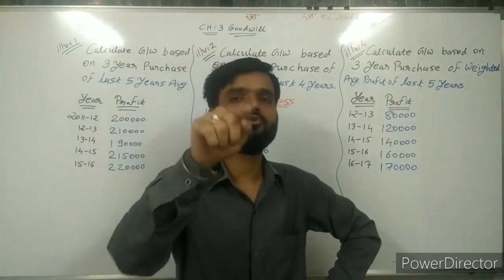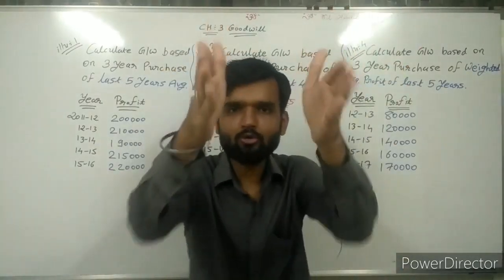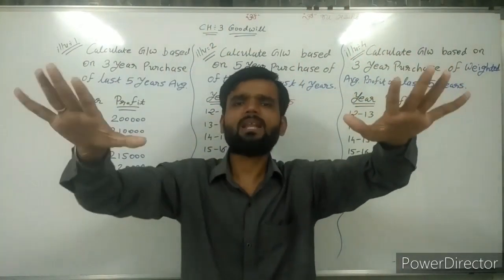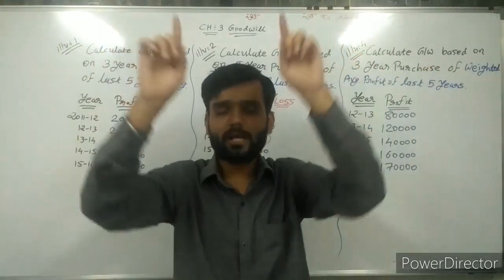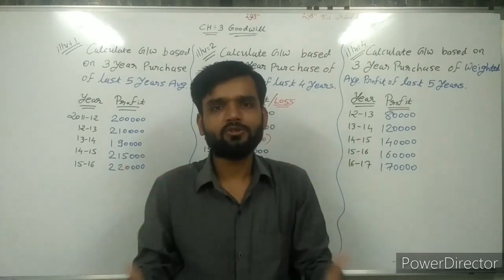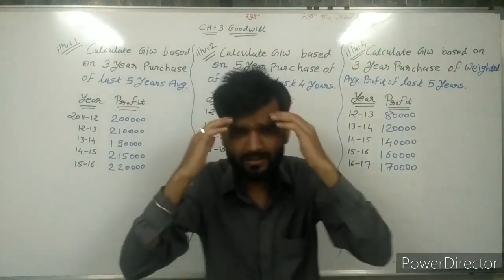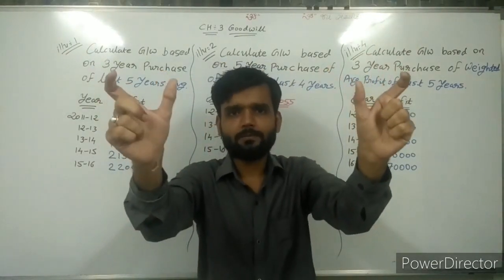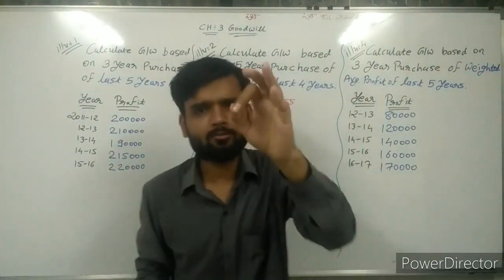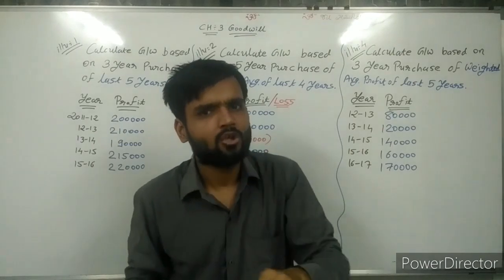Then what do you need to do? You have to decide whether the weighted average method or the simple average method is appropriate, so at that time you have to decide which method to use. Now understand the names of the methods and try to apply them to these three situations. I am talking about only weighted average.